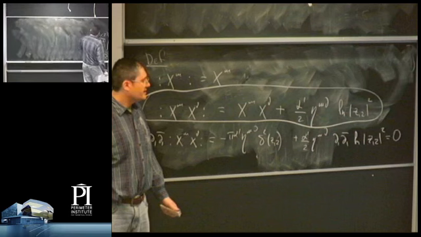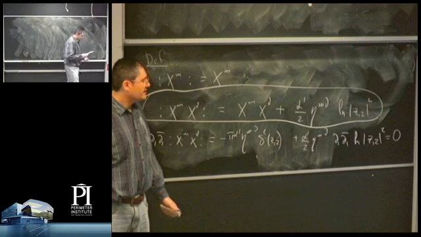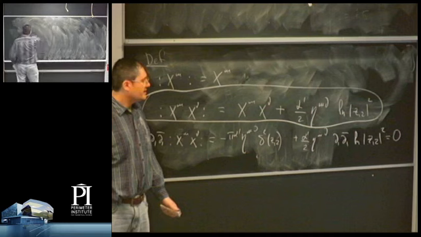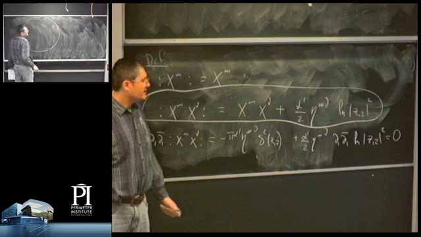Now I want to go into some discussion that, when you read Polchinski's book, he just mentions, but it wasn't clear, at least to me, when I first read it. What is the meaning of this operator product expansion? I can think that I have a complex plane, and I put a boundary someplace.